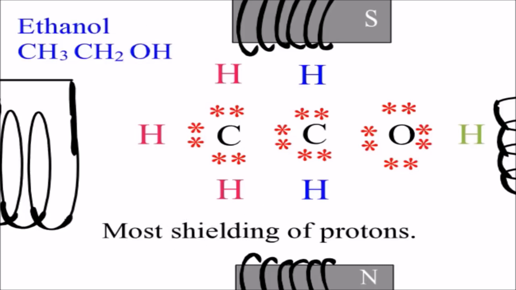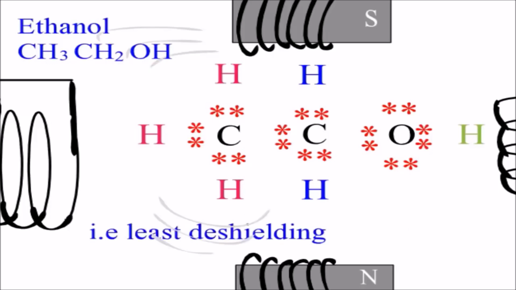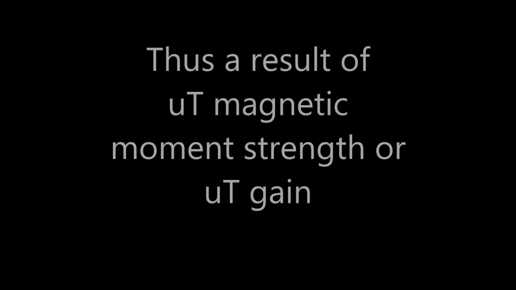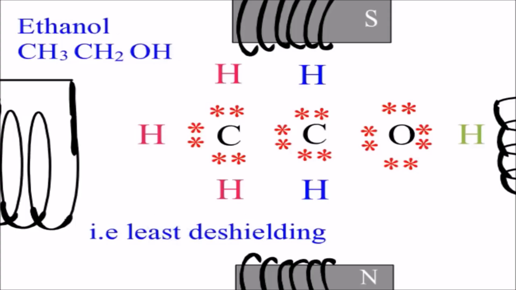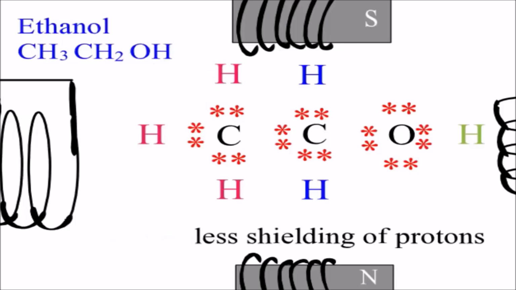So here you see the magnetic field. These particular protons, of the 3 types of protons in ethanol, will experience the most shielding. That's to say, they have the least deshielding, and therefore will feel the strength of the external magnetic field at its weakest.